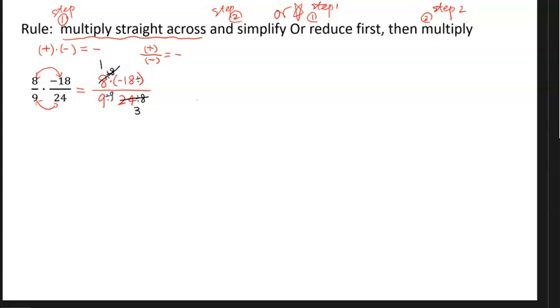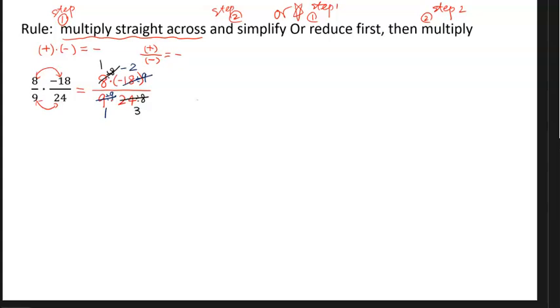So we're going to divide both numbers by 9, so that gives us 1, and 18 is reduced down to a 2. By the way, the minus sign, we have to keep it because we didn't really do anything to the minus sign.